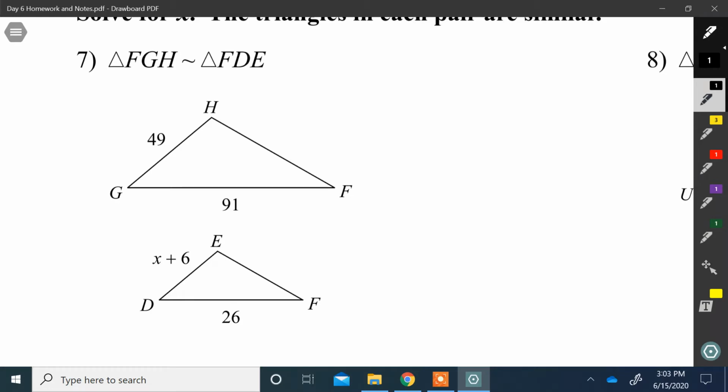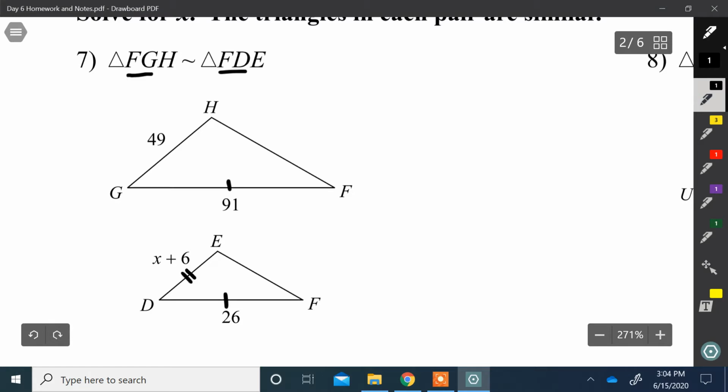All right, let's talk about this one here. Notice that FG is going to match with FD. Okay, so this one matches with this one. Okay, that means that this one matches with that right there. What do I mean by match?